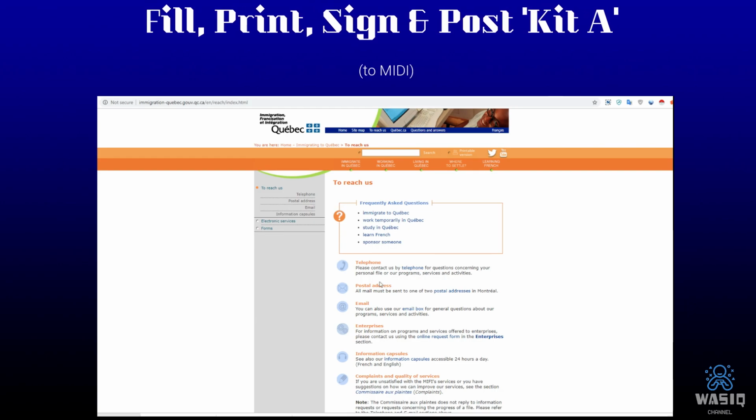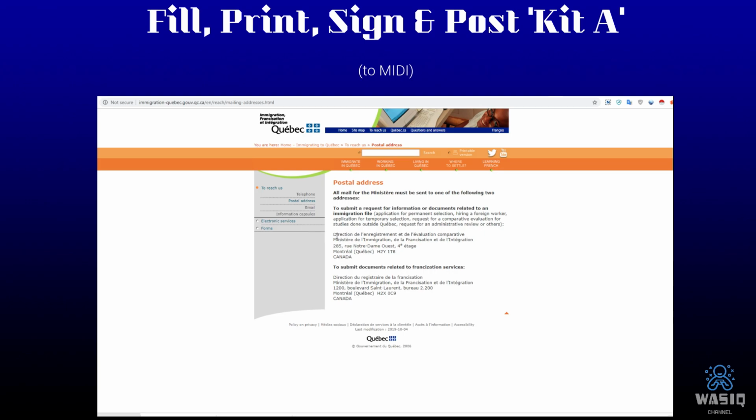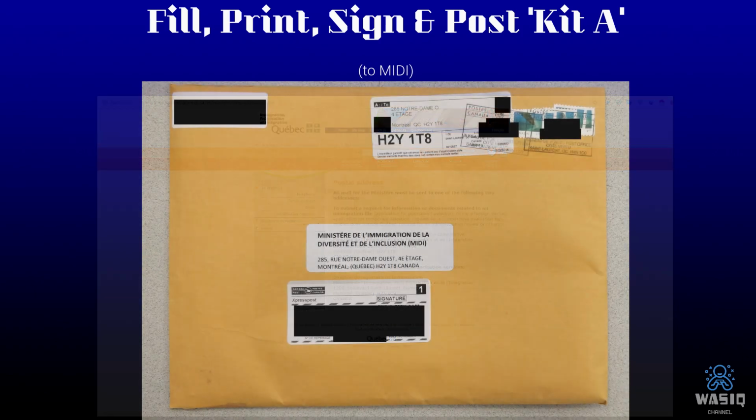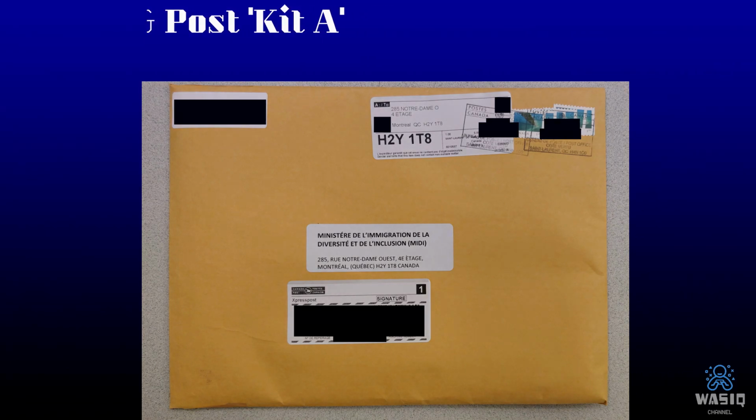This is different from your IRCC's postal address, so you have to use this one, and you have to make sure that you have included all the documents which are required in the checklist. This is how your package would look like. Mine was looking like this, so it's not a big application.